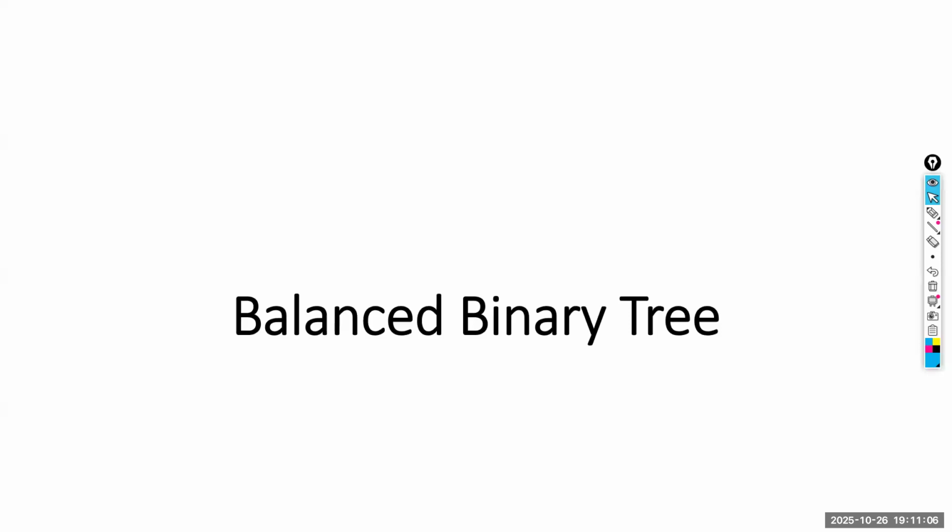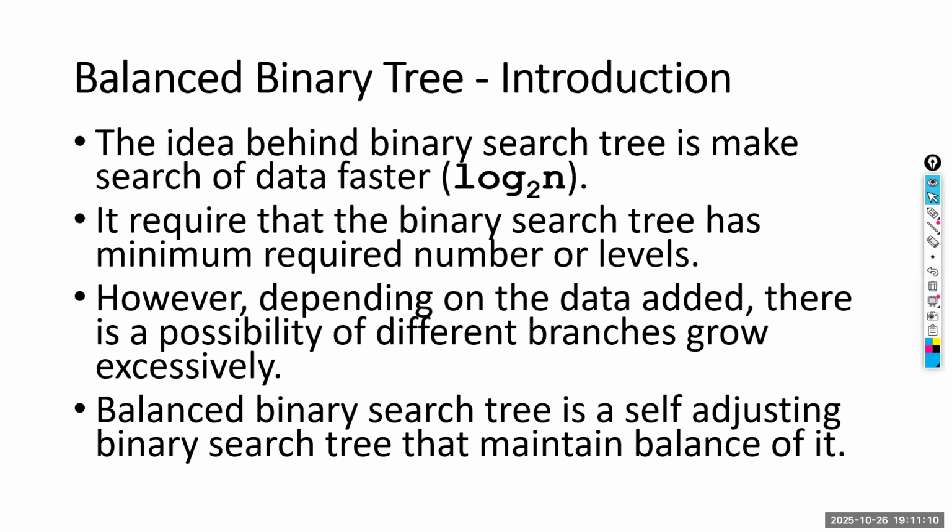So what is meant by balanced binary search tree? It means when you insert data into a binary search tree, we always keep it balanced, because otherwise there can be a situation where one side is longer and the other side is shorter. Then your binary tree becomes more like a linked list.